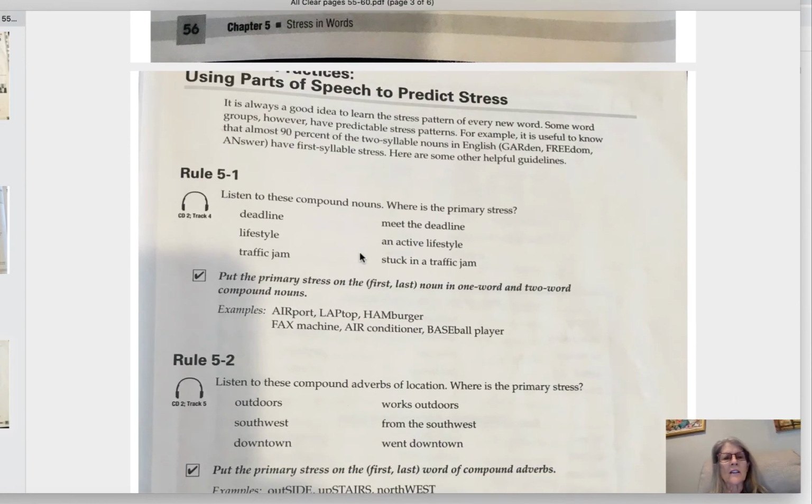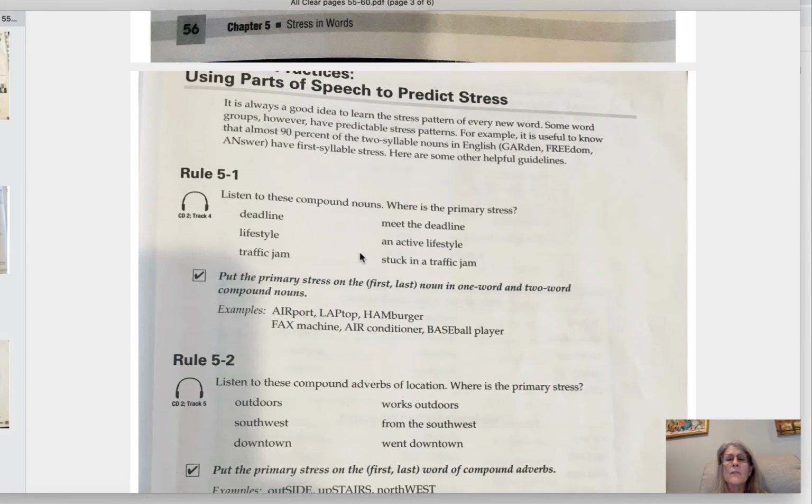Let's take a look at another rule that will help us with stress, okay? It's always a good idea to learn the stress pattern to every new word. Some word groups, however, have predictable stress patterns. For example, it is useful to know that almost 90%, that's a big percentage, of the 2-syllable nouns in English, garden, freedom, answer, have first syllable stress.